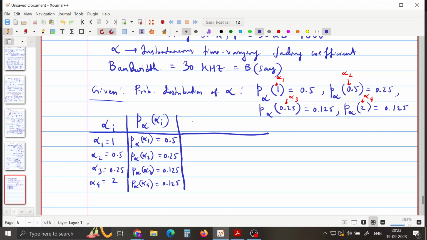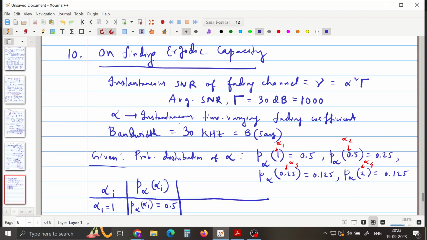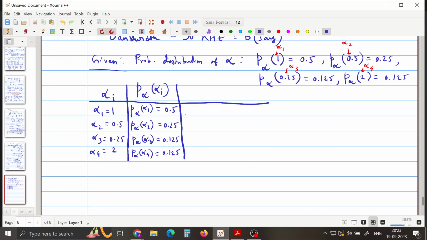Now I'll form another column for the instantaneous SNR, small gamma. Small gamma i is alpha i squared times capital gamma. Why do I need this instantaneous SNR?